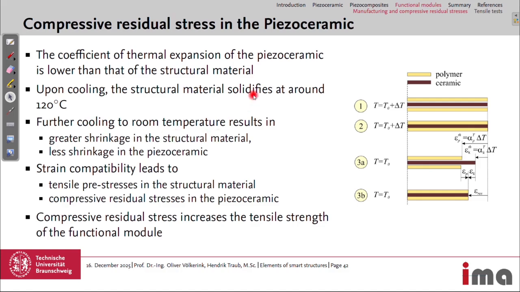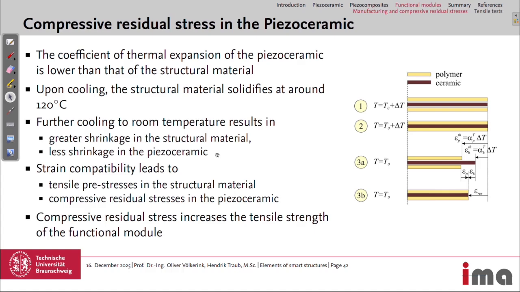It solidifies at around 120 degrees Celsius, and then the layers or the piezocomposite and the polymer around are connected, and further cooling results in greater shrinkage in the structural material than in the piezoceramic.